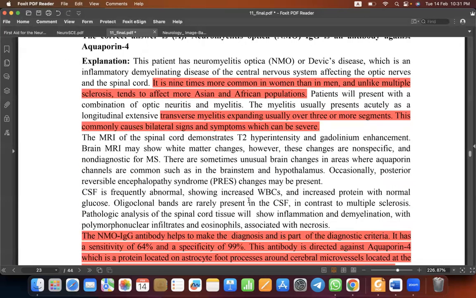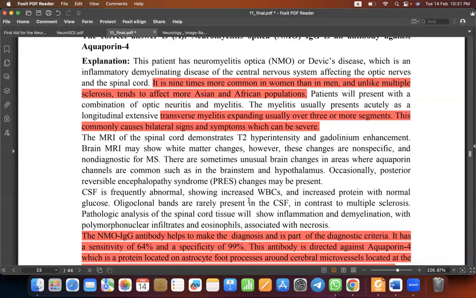Neuromyelitis optica, or Devic disease, is an inflammatory demyelinating condition of the central nervous system, which involves the optic nerve and the spinal cord. So there could be optic neuritis and spinal cord involvement causing myelitis, hence neuromyelitis optica. It is 9 times more common in women than in men.